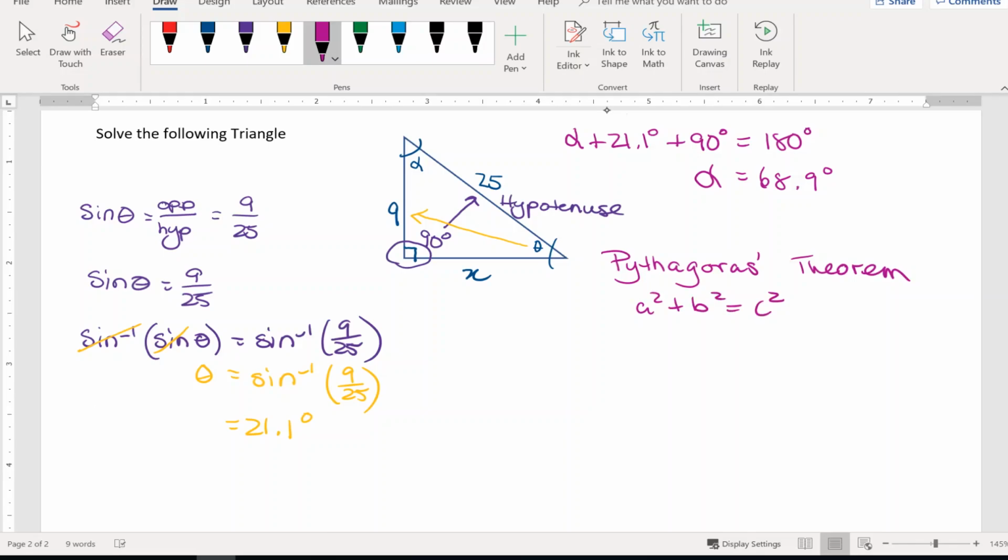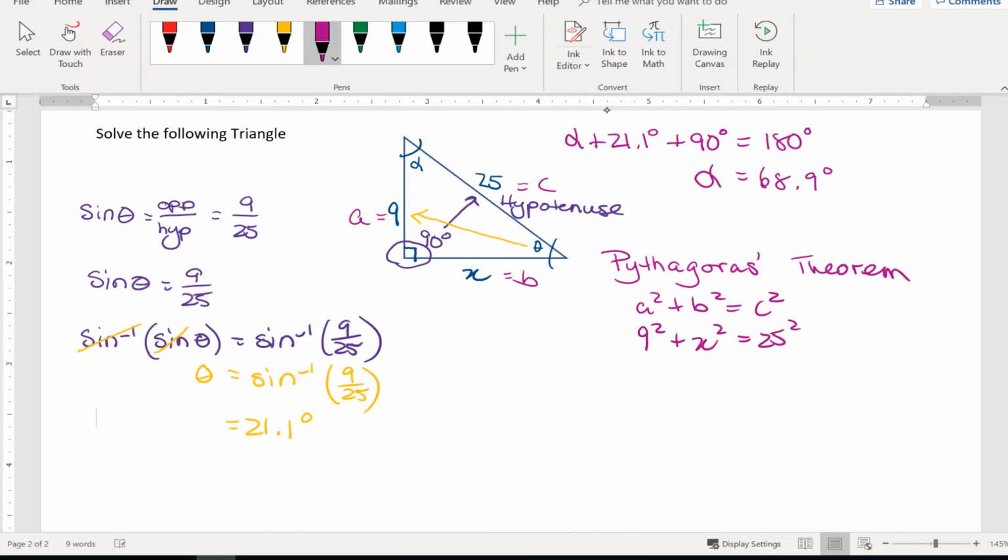So here, let's let this equal a, this equal b, and this equal c in this formula. So now we have 9 squared plus x squared is equal to 25 squared.